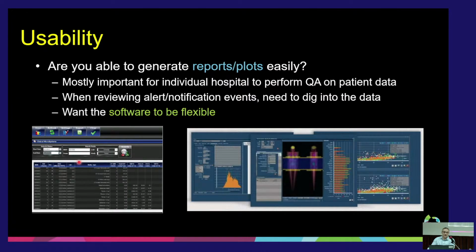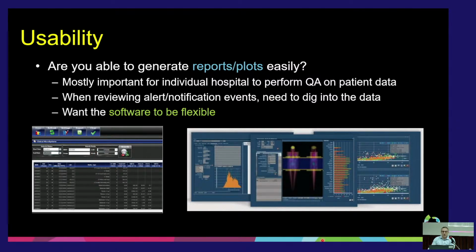One system, all it does, as you can see in this small screen capture, is show a list of the exams and a list of the CTDI values. There are no plots, no scatter plots, nothing you can do. It's not interactive. It just collects it and shows it to you. That's fine, but if you want to do any kind of deep analysis, most likely you'll have to download this to an Excel spreadsheet and do it manually.